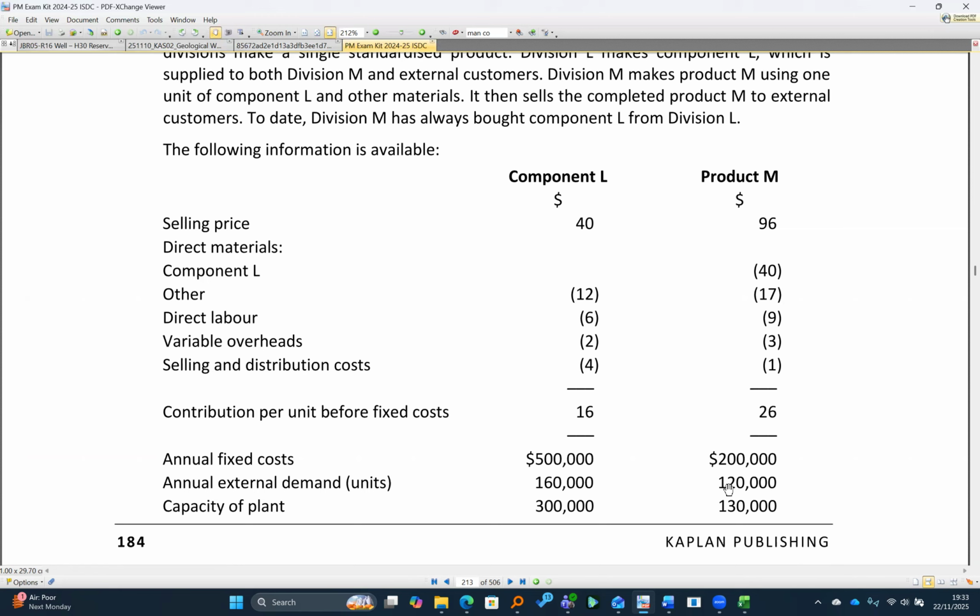So you first look at the saving which I make if division M buys externally, then you look at the loss that I'm making.